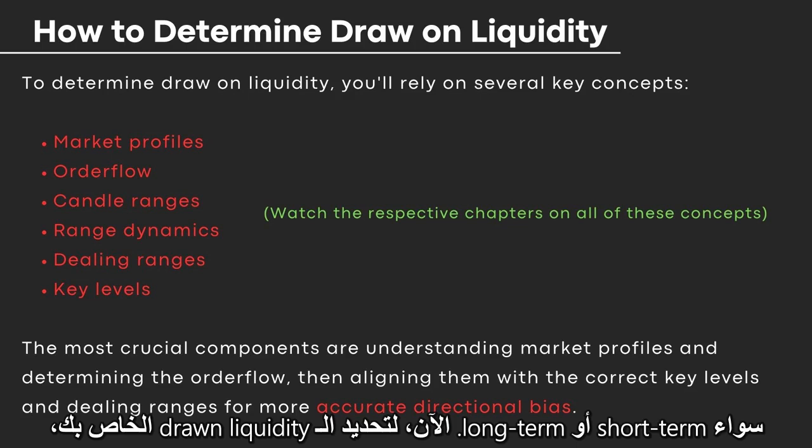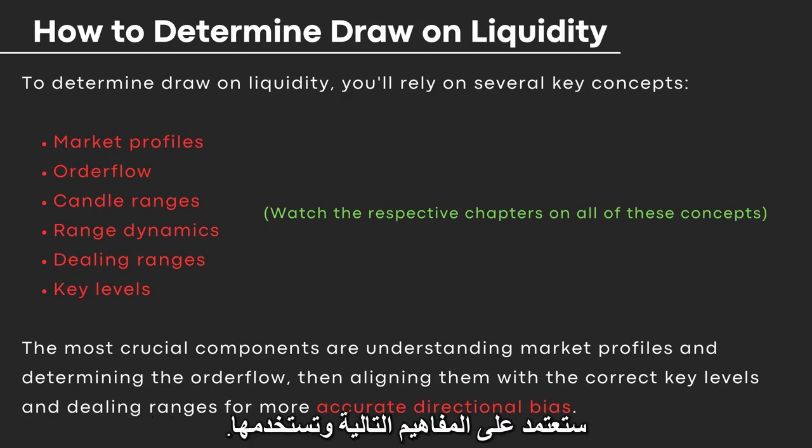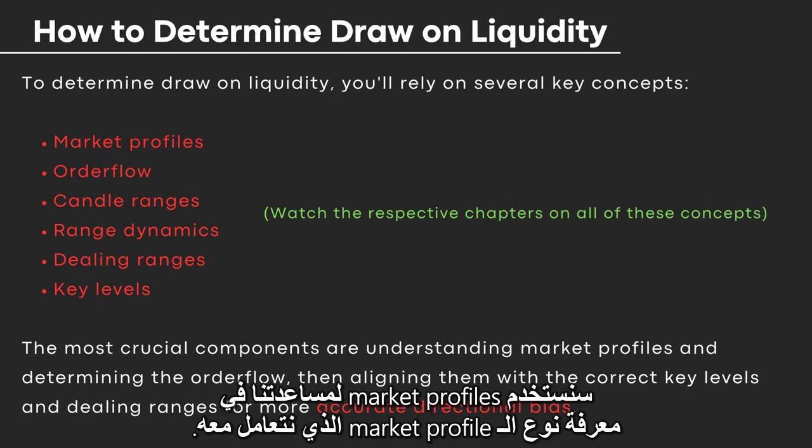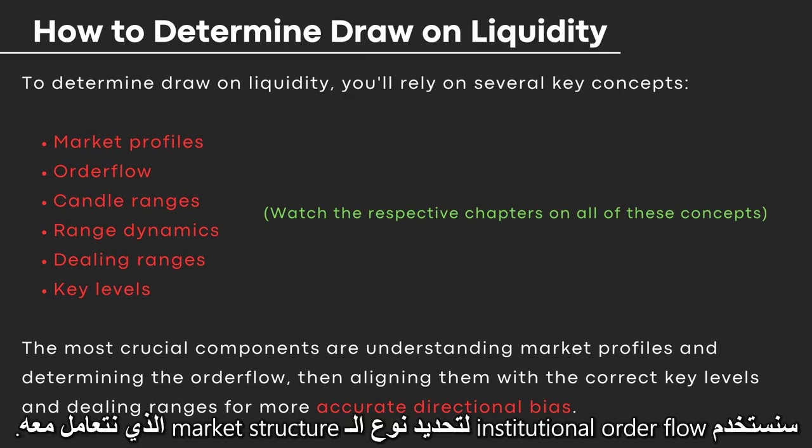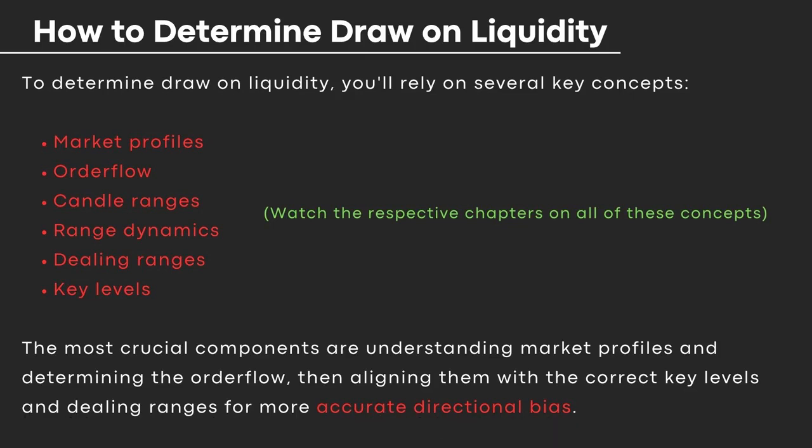Now, to determine your drawn liquidity, you would rely on and use the following concepts, right? We first of all use market profiles to assist us in knowing what sort of market profile we are dealing with, and second, we will use institutional order flow to determine what sort of market structure we are dealing with, right? Is it a bullish order flow or a bearish one?